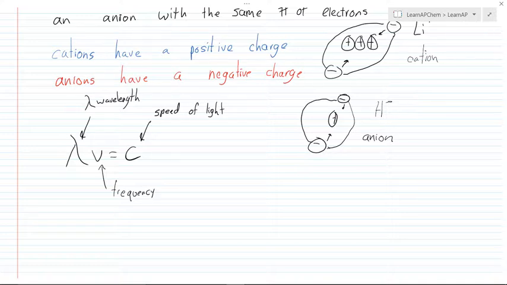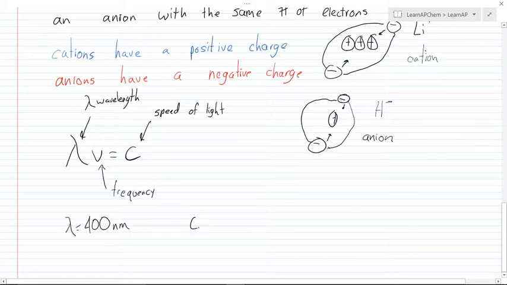So there's that. Anyway, talking about wavelength and frequency, I didn't get a practice problem when I did this in the video, so I'll talk over this a little more. So let's say I have a wavelength of 400 nanometers, and c.